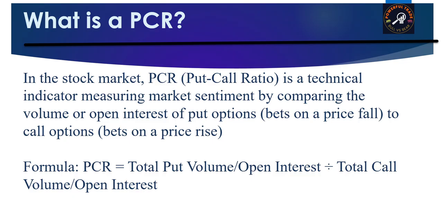The formula is total put volume by open interest divided by total call volume by open interest. This is the way PCR is identified, and based on that you will get a number which will be higher or lower. Now how we can apply it practically, we will go with some examples so that you will be able to understand how we can use it.